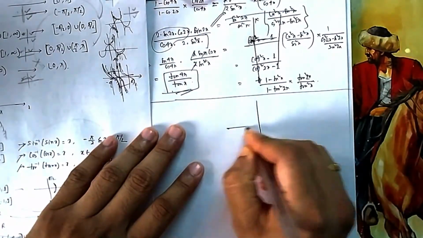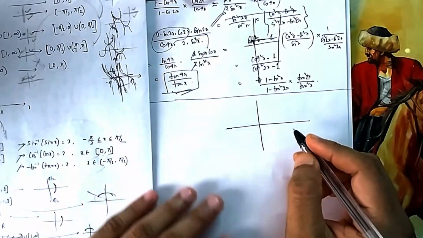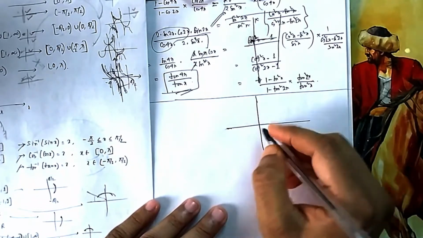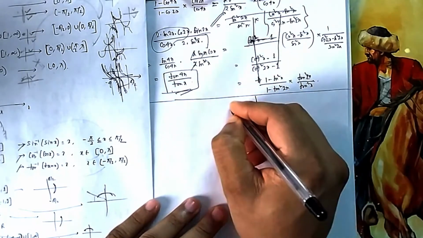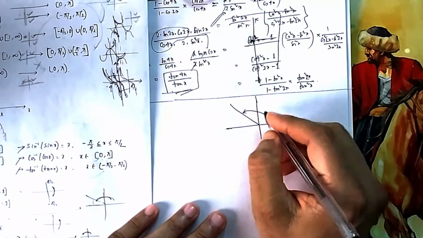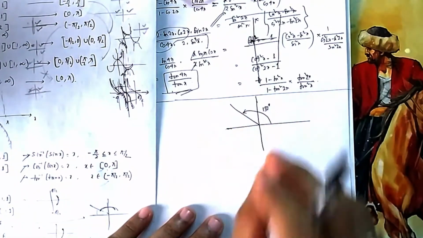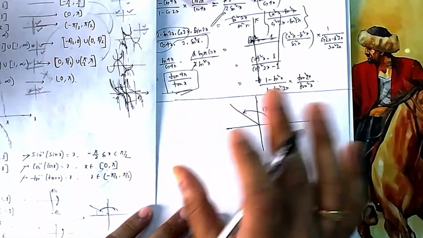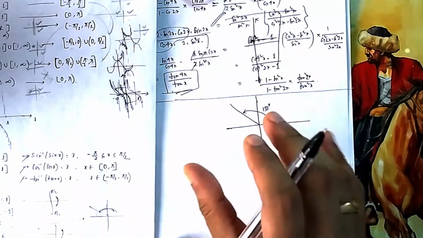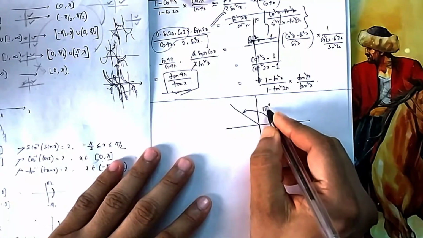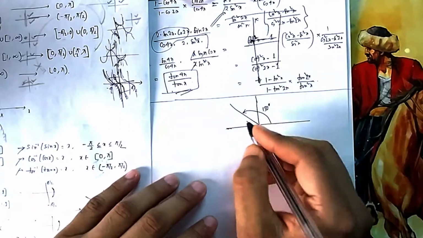So first let us understand this one. In trigonometry I have explained quadrant angle. What do you mean by quadrant angle? Suppose you have an angle, whatever angle, and you take sine, cos, tan, whatever. I am not talking about positive or negative now, I am just talking about the value. So suppose sine 150, cos 150, what value will it give?